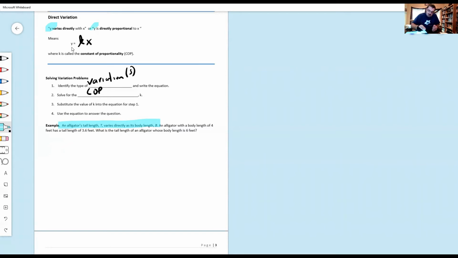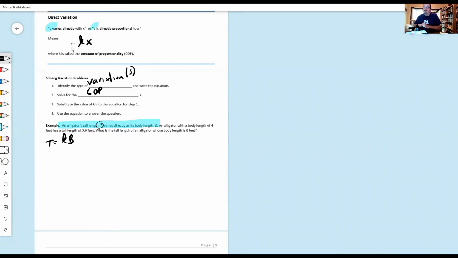So in our case, tail length comes first. So t equals k. You always have k, no matter what type of variation you have. For direct variation, you're always going to multiply, so k times the other quantity, b. So that's our original equation.